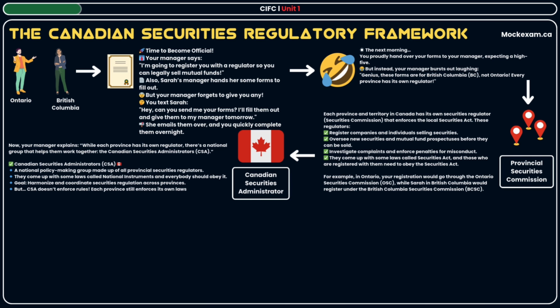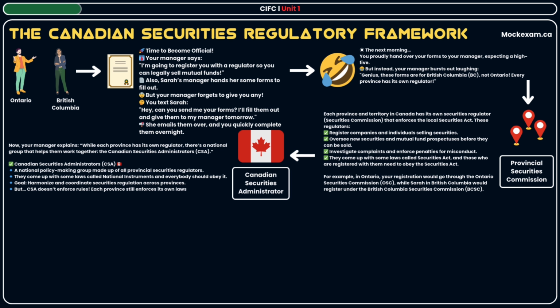CSA is a national policy-making group made up of all provincial securities regulators. We said that every province has its own Provincial Securities Commission, but we are under the name of Canada. These provinces act independently, of course, but they need coordination.